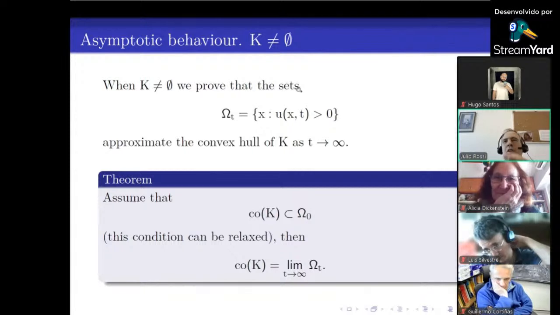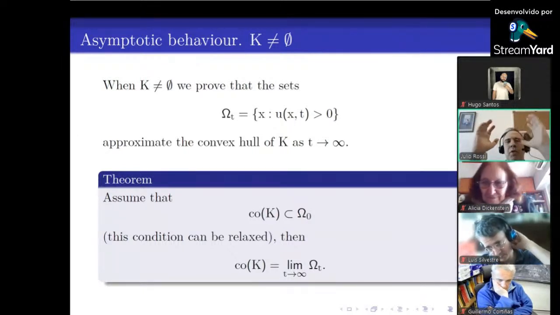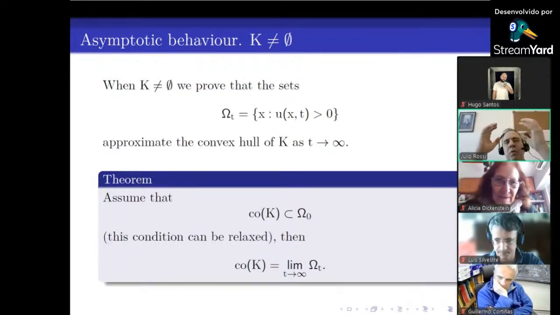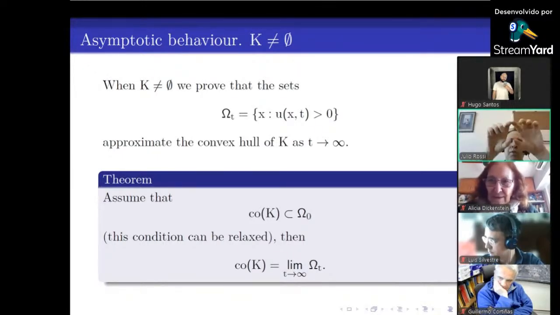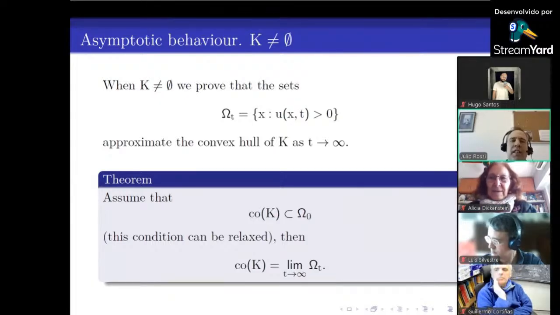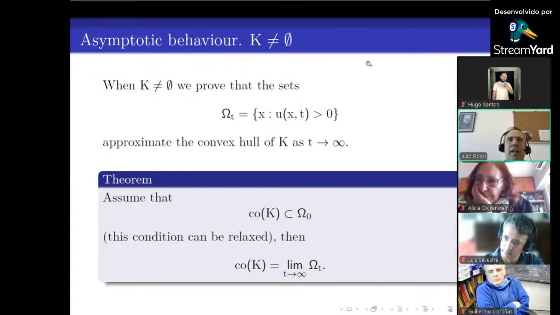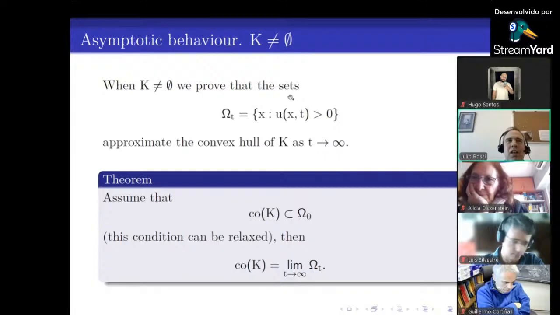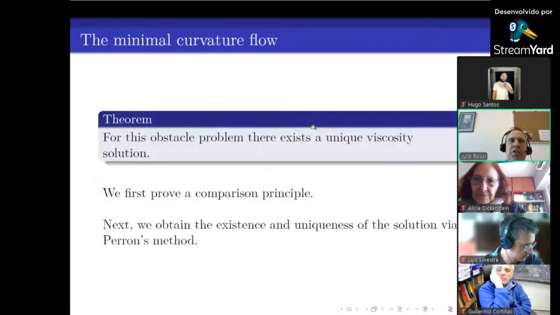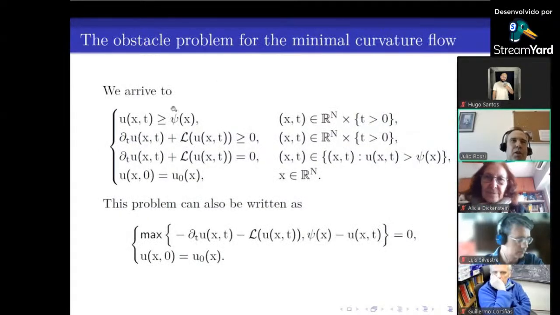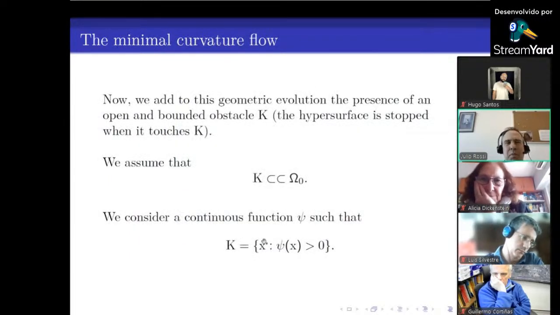When you move your surface according to the minimal curvature flow instead of the mean curvature flow with an obstacle, with this K as an obstacle, you obtain the convex hull of this K. And you obtain this looking at the positivity sets of an auxiliary function u of x,t, taking the level set formulation of the problem with an obstacle, and what is the obstacle K? The K is encoded in this function psi that happens to be positive inside K.